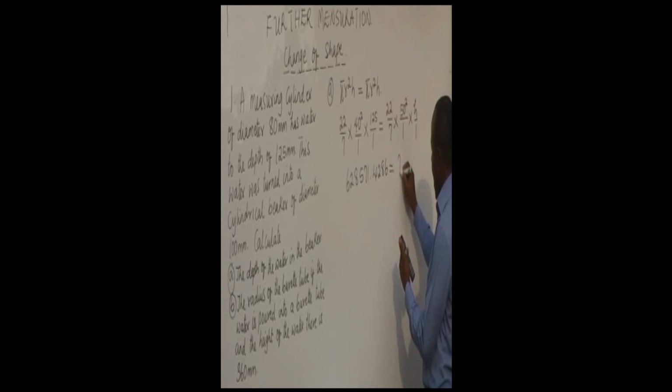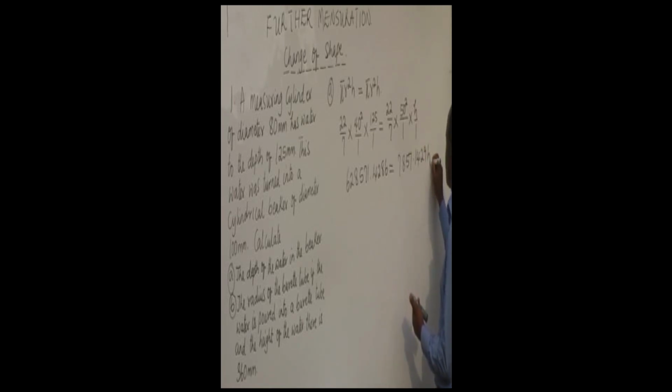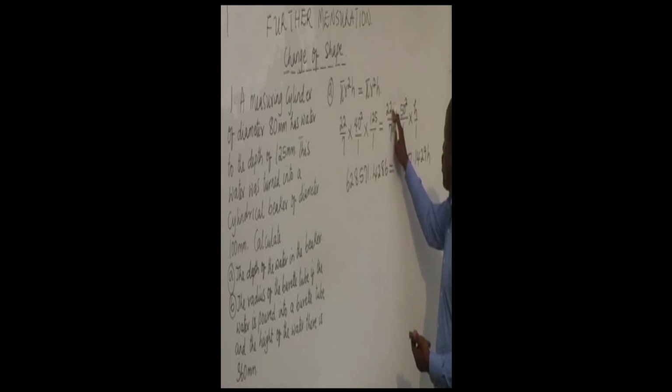So this time we are going to have 7,857.1429 in 4 decimal places, h, because the whole numerator will multiply this before it will be divided by 7.